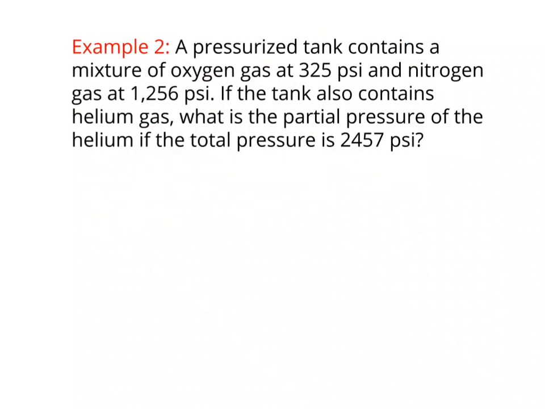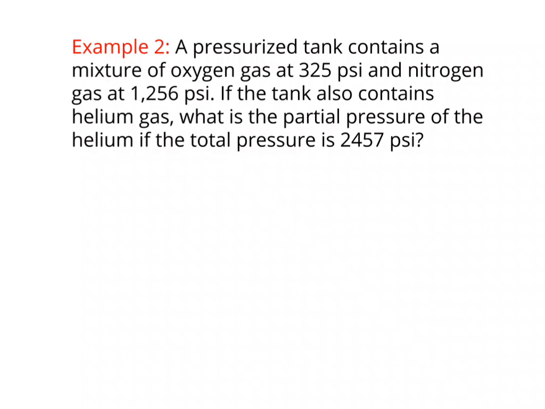In my second example here, it says a pressurized tank contains a mixture of oxygen gas at 325 psi and nitrogen gas at 1,256 psi. If the tank also contains helium gas, what is the partial pressure of helium if the total pressure is 2,457? Okay, so it's telling me that this tank contains different gases.